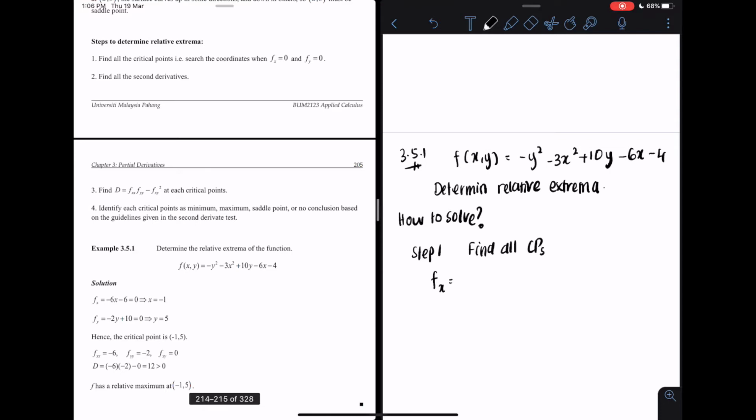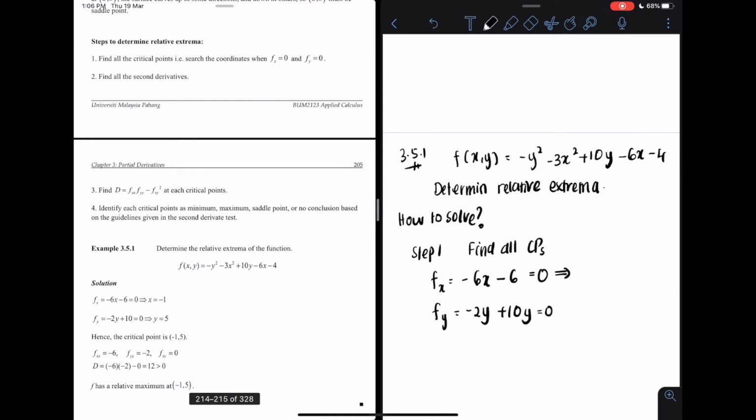I let y as constant. So in this case, I will get fx equal to negative 6x negative 6 and fy equal to negative 2y plus 10. So both of the first order partial derivatives, you should equate equal to 0 in order to determine x coordinate and y coordinate to represent the critical point.